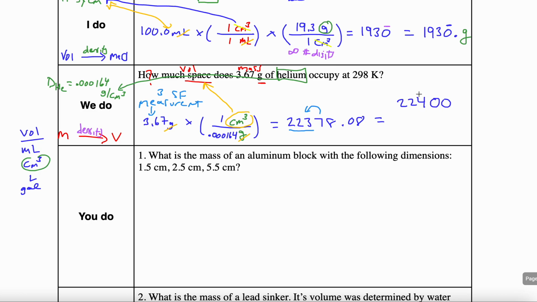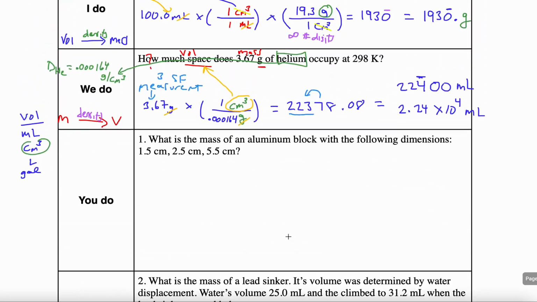But the 4 is the most right sig fig, so you cannot add a decimal point at the end of this number, because then it would change the sig figs from 3 to 5. So another way that you could write this value would be in scientific notation: 2.24 times 10, and then I would need to move the decimal 4 places, so my exponent would be a 4. So 2.24 times 10 to the 4 milliliters, or 22,400 milliliters.